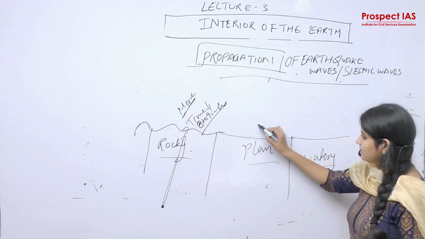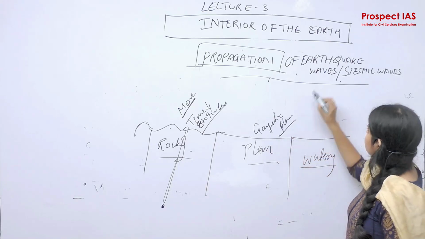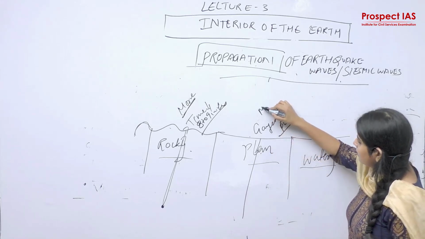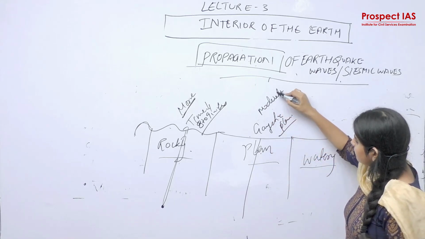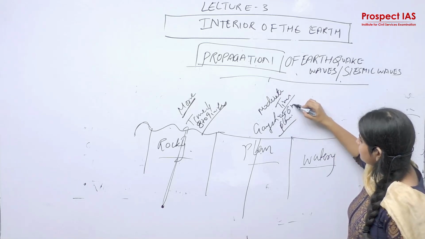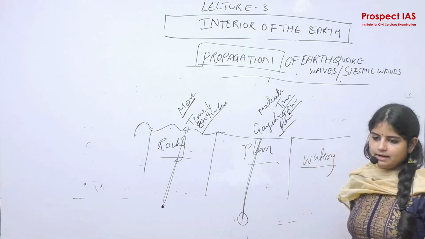In the plane, the Gangetic plain, if the earthquake wave is coming, then it will take, let's say, moderate time, 6 or 5 minutes from the focus to the epicenter.